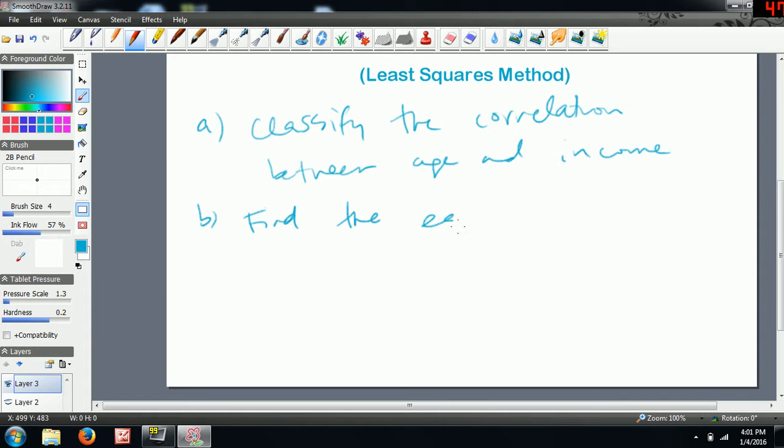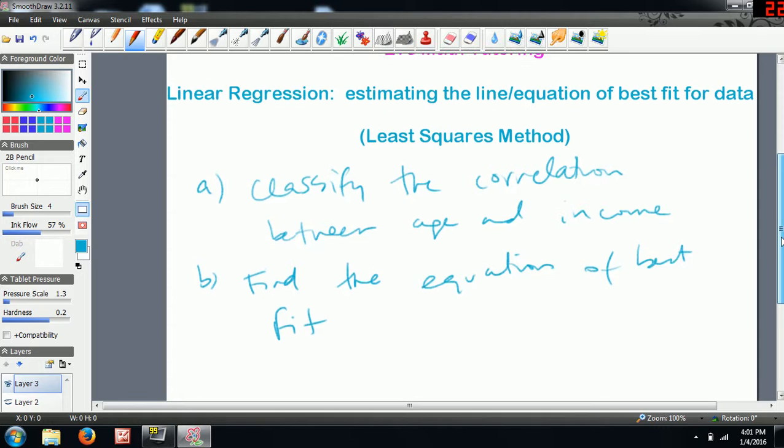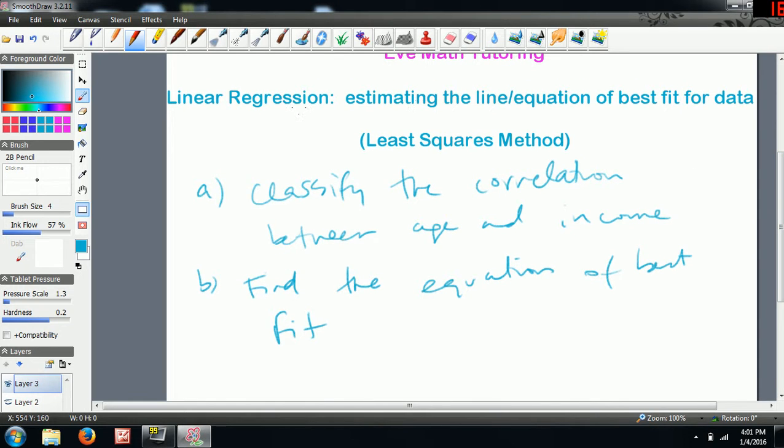So to find the equation of best fit, we would be using linear regression, and we would be using the least squares method.